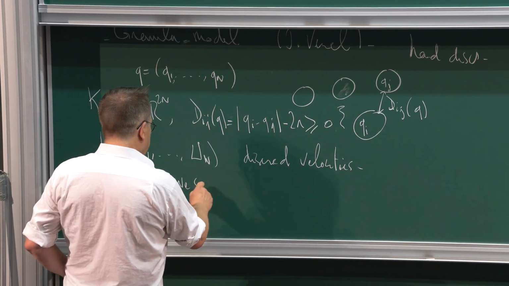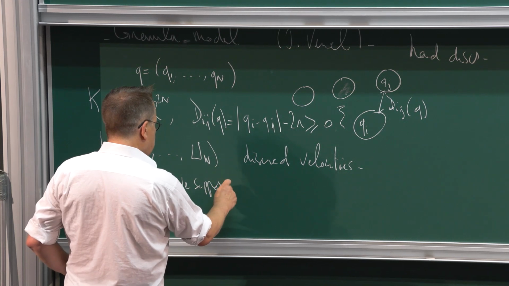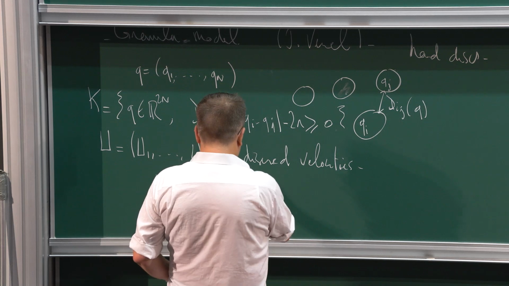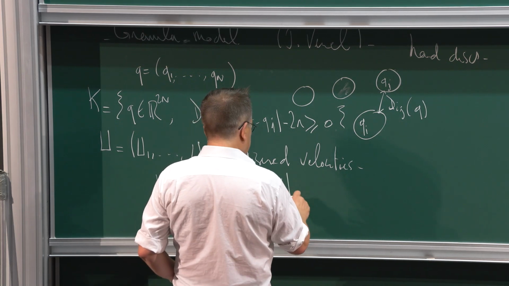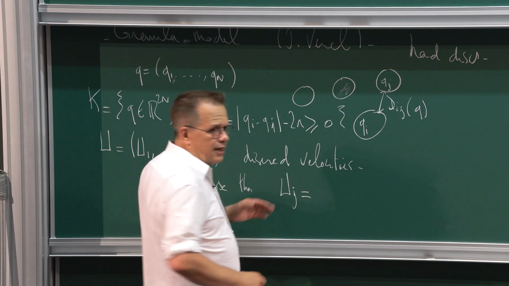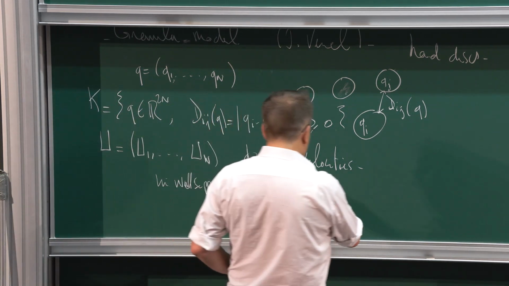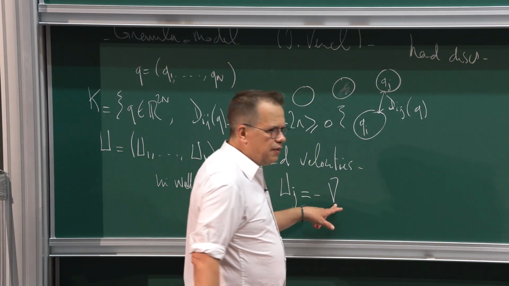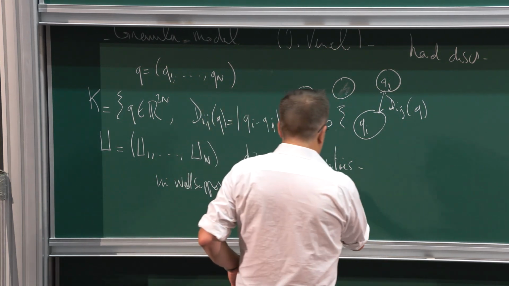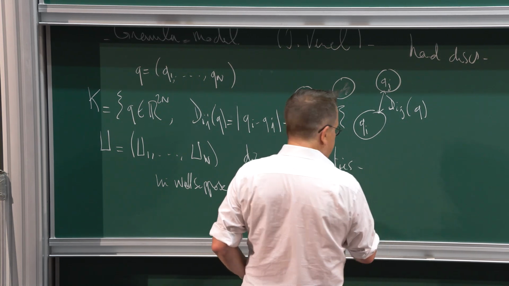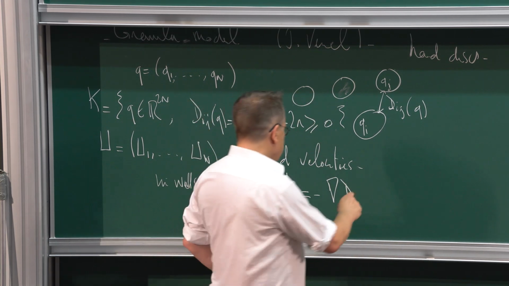We will suppose, and that will be important in what follows, that uj is equal to minus the gradient, and we find this gradient flow structure, the gradient of some functional that I will write d, because it is a distance to the exit.